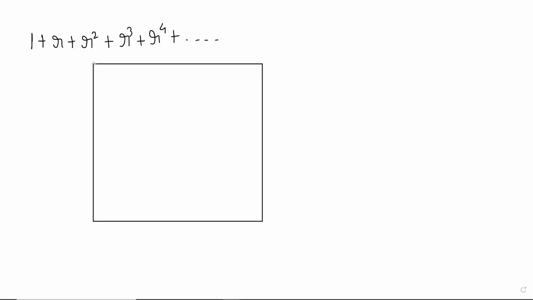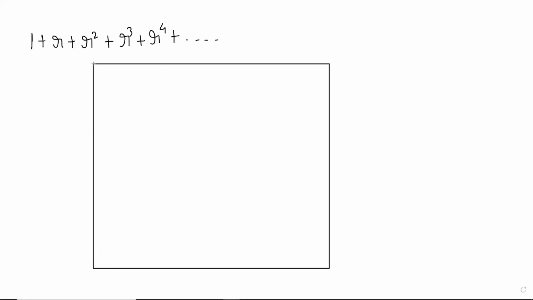Let's see. We made a square, and then what did we do next? The square was of length 1, so just write 1. We can break it up into r and 1 minus r.